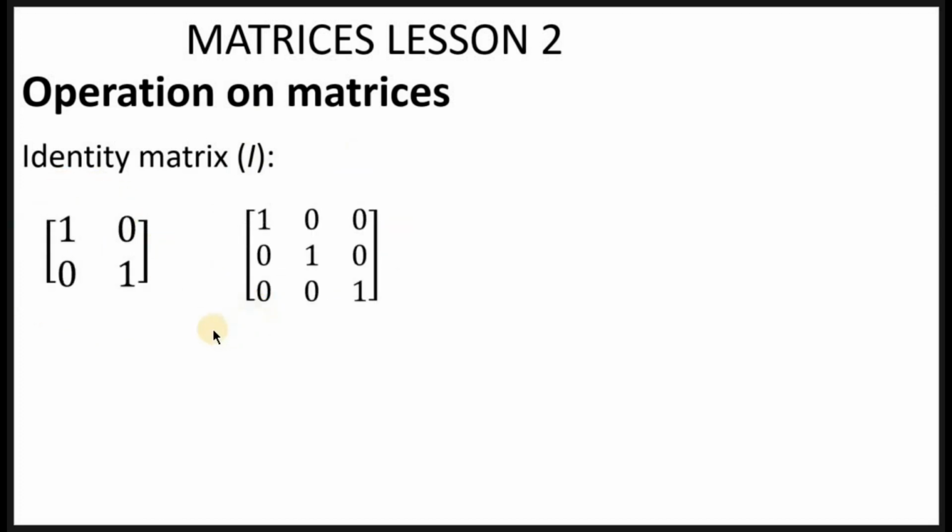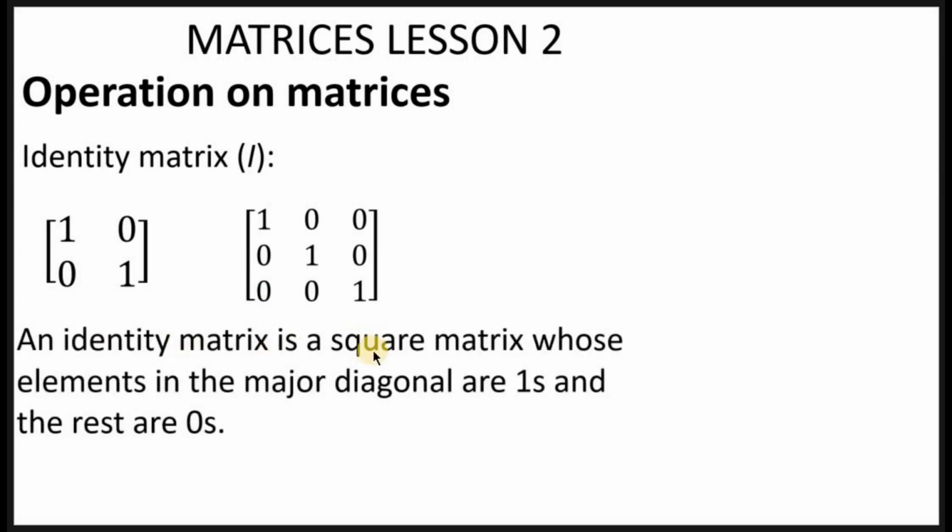By definition, an identity matrix is a square matrix whose elements in the major diagonal are ones and the rest are zeros.